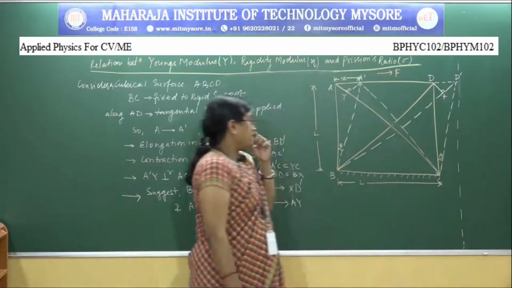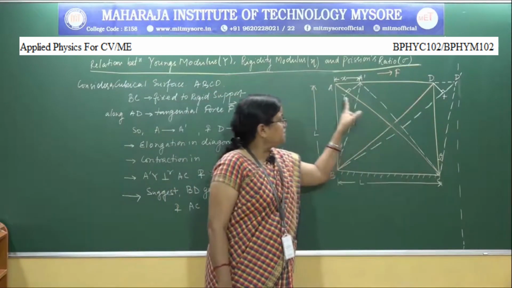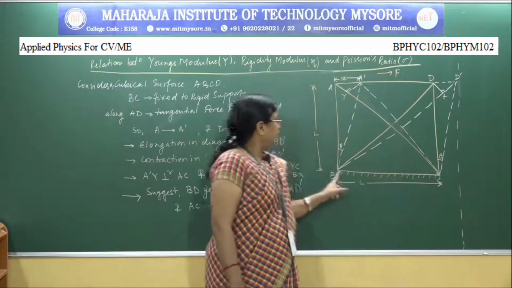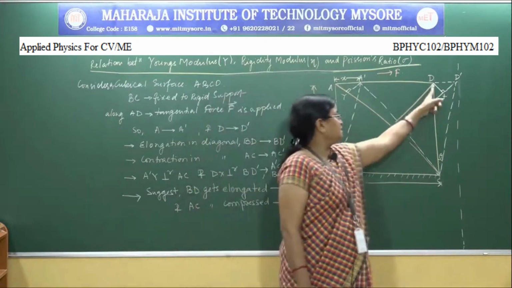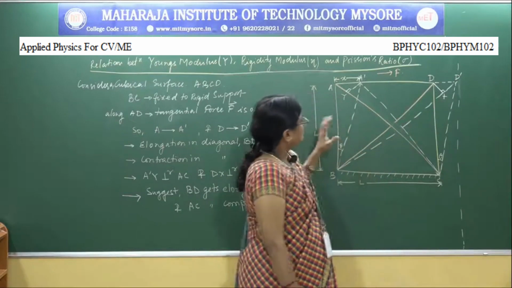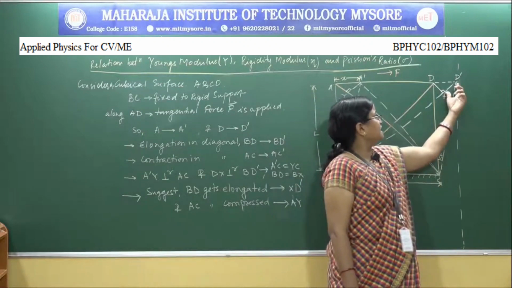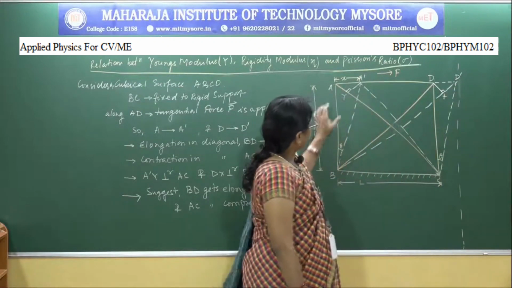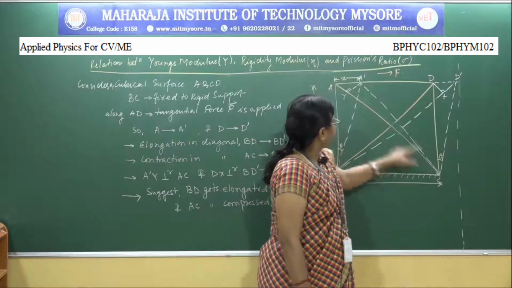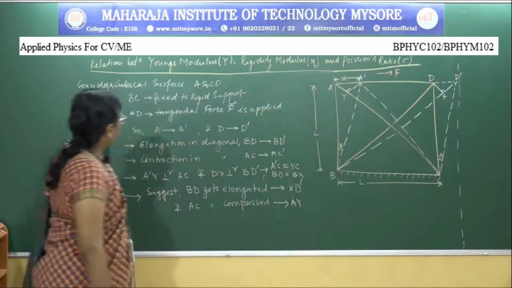So the perpendicular suggests that now A dash C is equal to YC and BD is equal to BX. So the diagonal BD gets elongated by the distance XD and the diagonal AC gets compressed by AY.